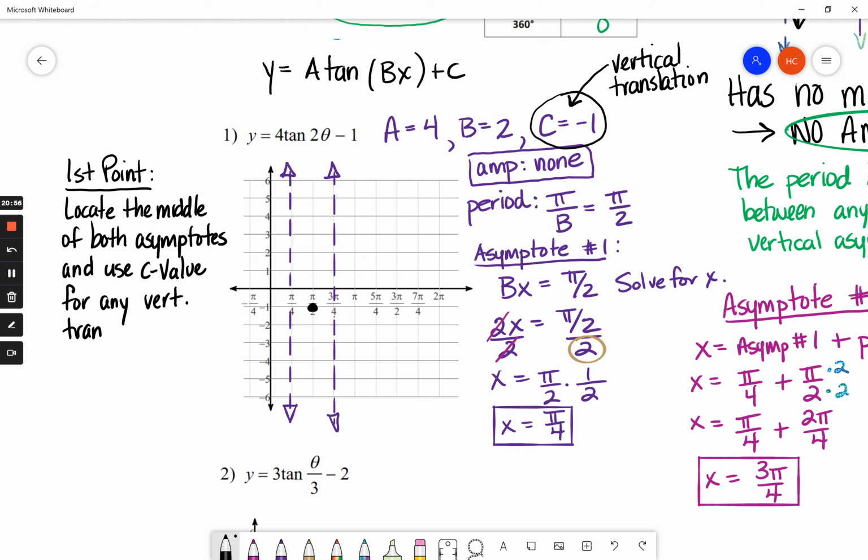Okay? So we found the middle and we went down 1.